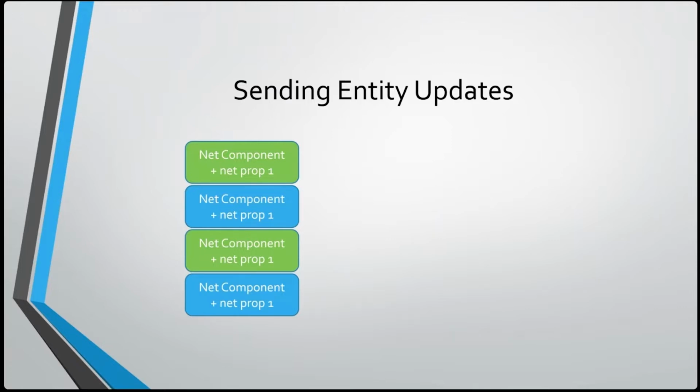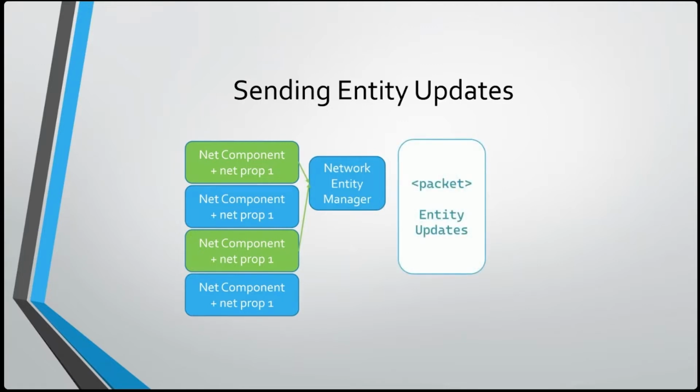Then on the next server update tick, the network entity manager will come in and find, hey, I have these two entities that are ready to send out updates. It will pull them up and place those changes into a packet of entity updates.